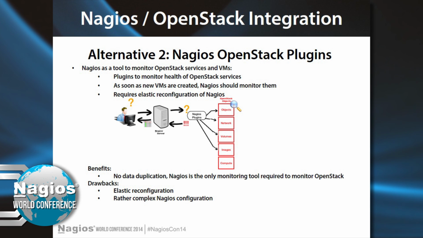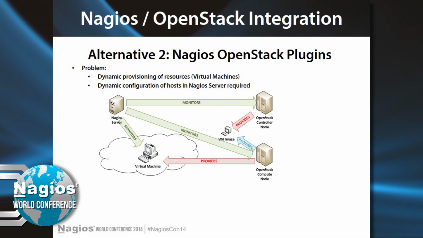Normally, the OpenStack user creates new machines, maybe 100 new virtual machines, or terminates machines. And so Nagios must know that the machines don't exist anymore and must reconfigure itself elastically, and this requires a rather complex Nagios configuration.